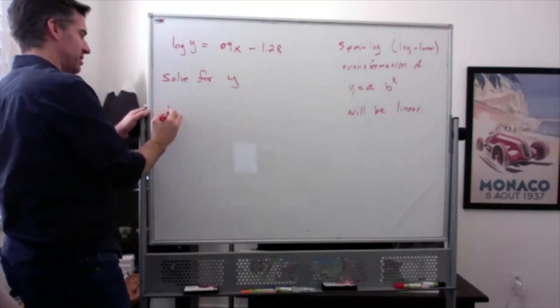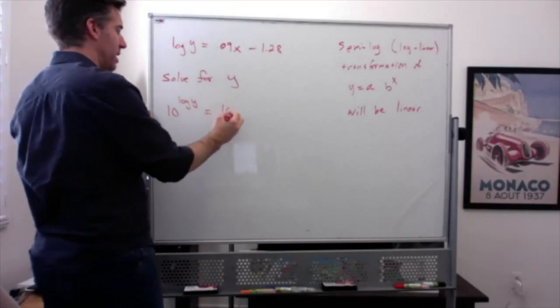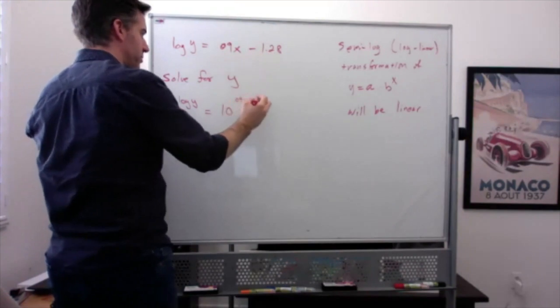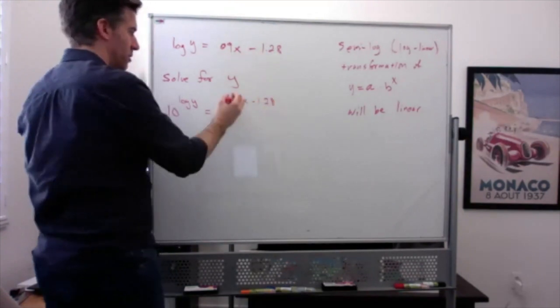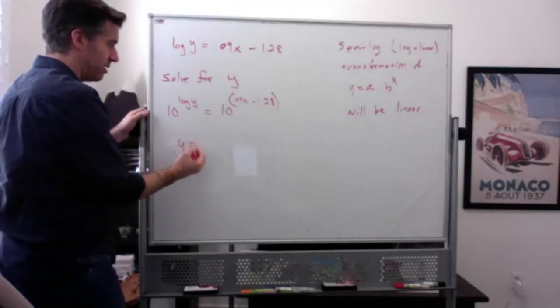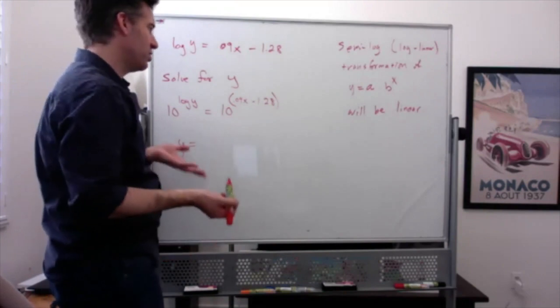So I write 10 to the log of y equal to 10 to the all this. The left side just becomes y. That's why we did it. The right side you could leave as this, but it doesn't really look nice. We should do a couple of things.